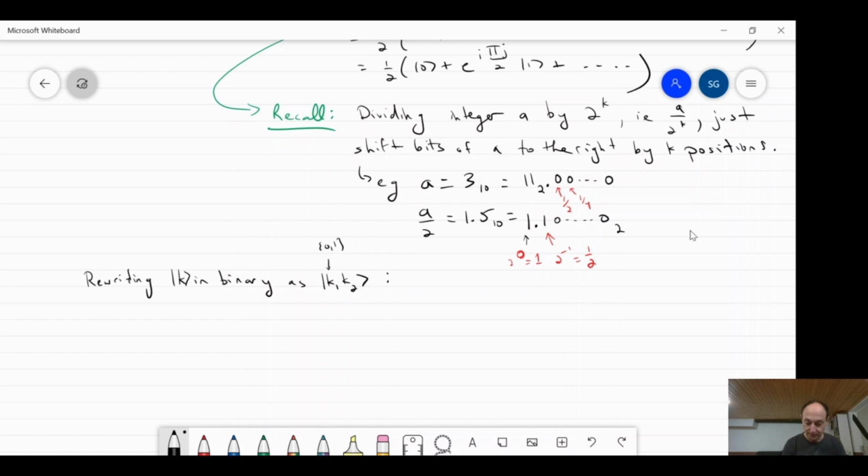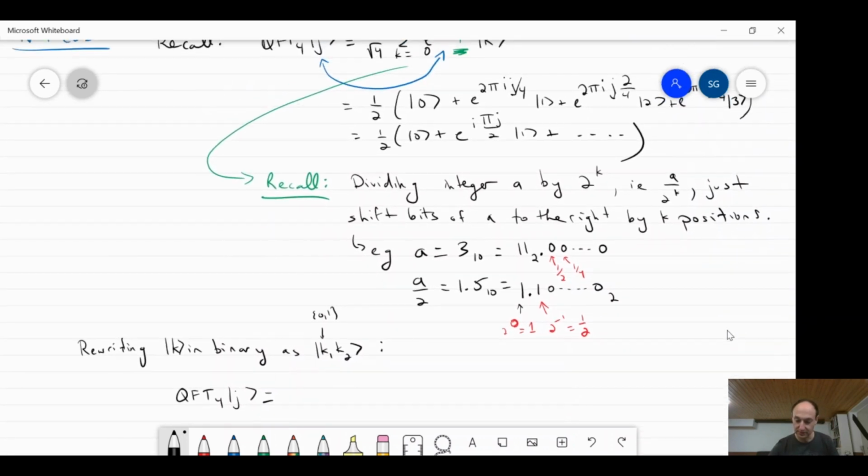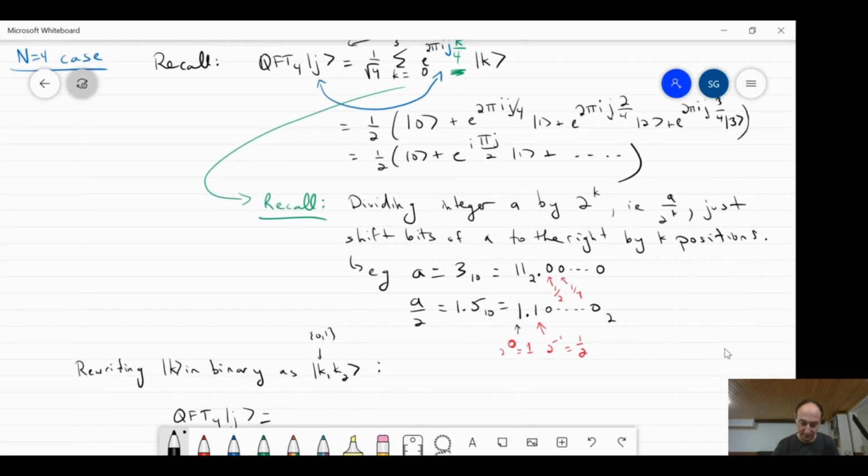What do we find for q of t applied to j? I'm just going to take the exact same expression as before. So let me just copy that. Where's that expression? Right there. Okay, good, just barely fits. 1 over 2, the sum over k equals 0 up to 3 of e to the 2 pi i j, k over 4, times k.